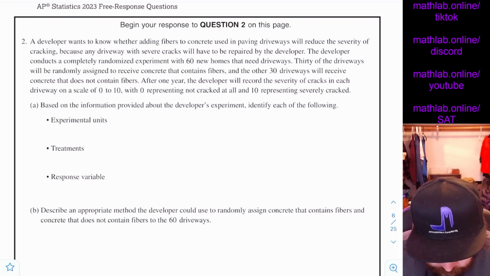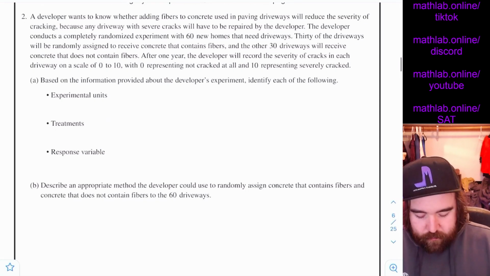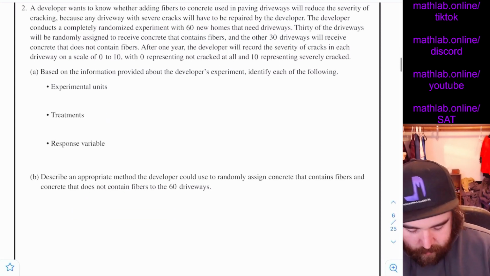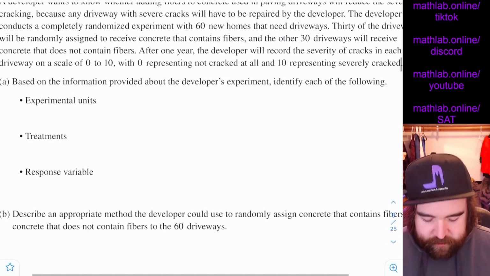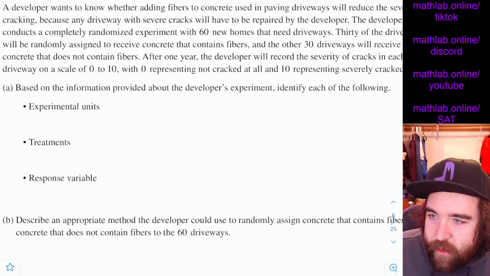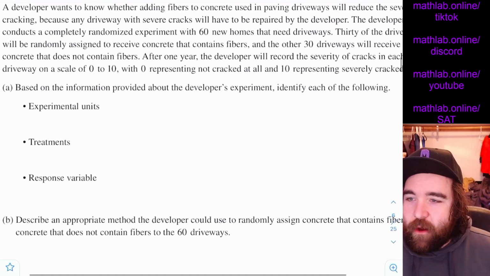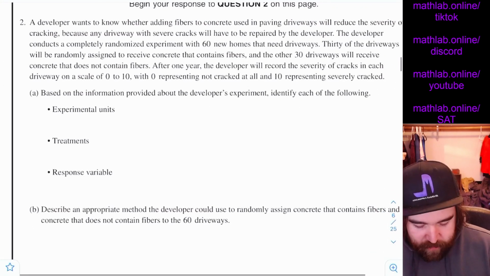So, severity of the crack. A lot of times I like to start with the response variable and the treatments, and then that helps you think about exactly what the experimental units are. Although I don't think it's as hard here. I'm thinking about that insect in the box one, because experimental units was the middle one there. Anyway, so response variable, what are they measuring?